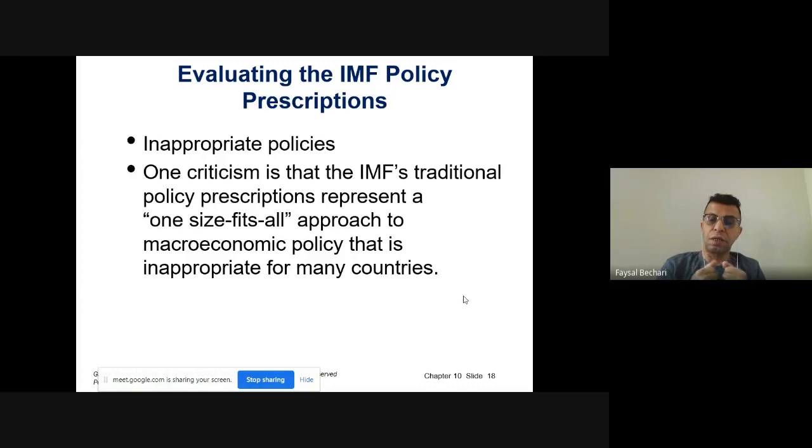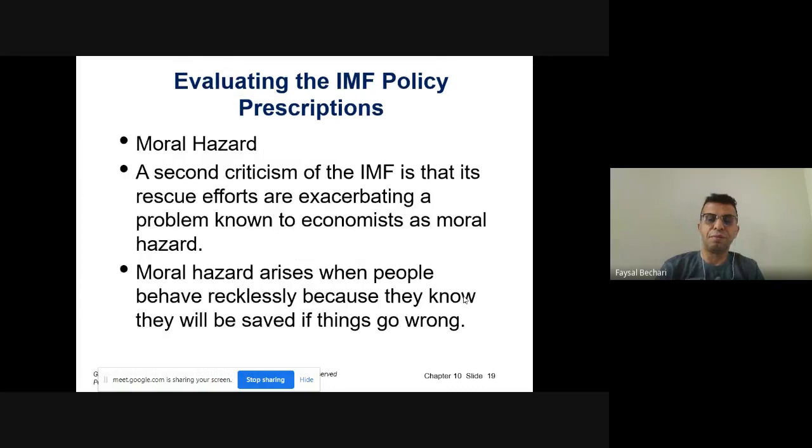One criticism is that the IMF's traditional policy prescription represents one size fits all. You cannot apply all these rules to every country. It's an approach to economic policy that is inappropriate for many countries. Some countries are taking that money because they want to spend on their people, for example on education. Now they tell them we'll give you money, but don't spend it on people's education or something like that. So they are giving one size fits all.